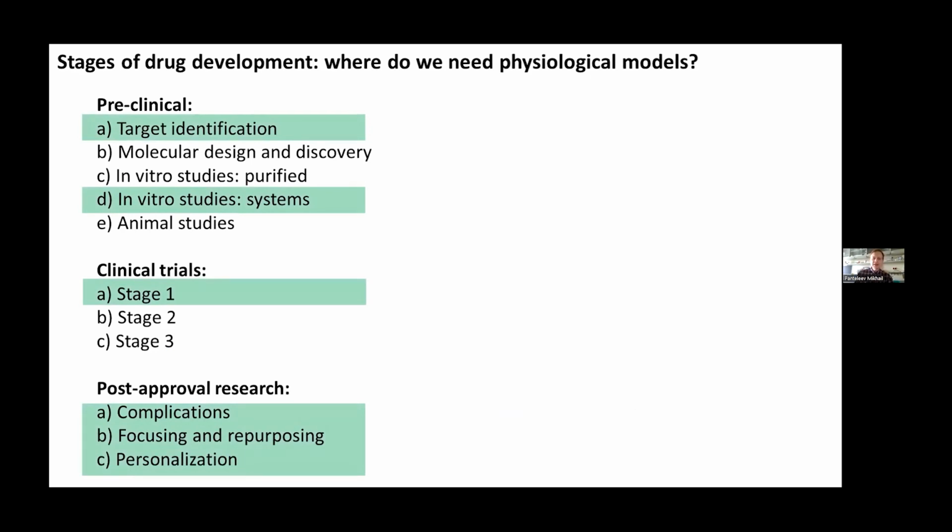So when can you use physiological models? Here you can see the basic pipeline of drug development. And I indicated with green several time points or several steps when you can get useful insight from computational analysis of your system.